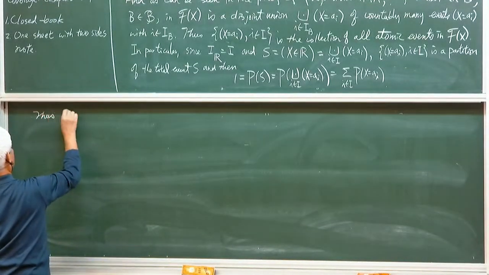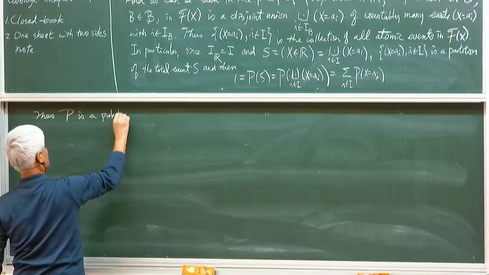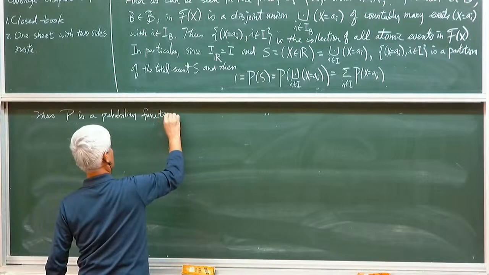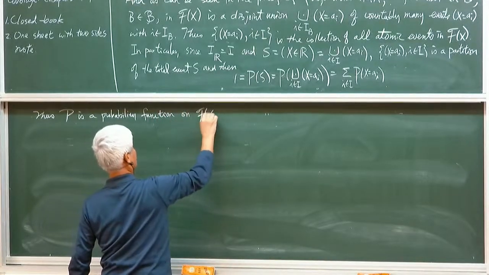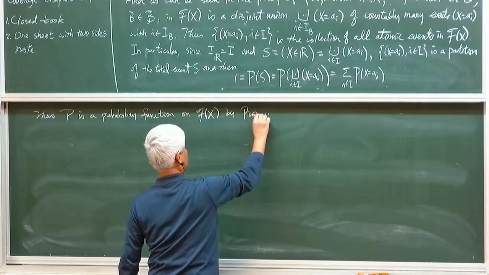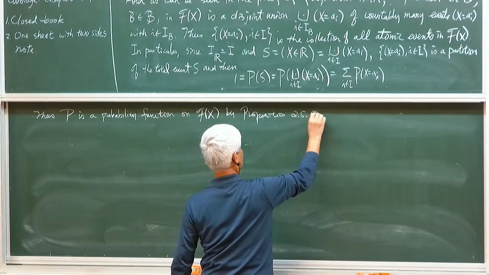Thus P is a probability function on f of x by proposition 2.5.e.